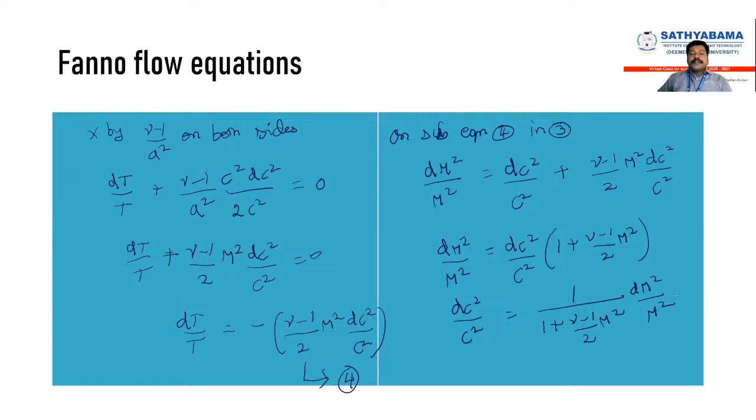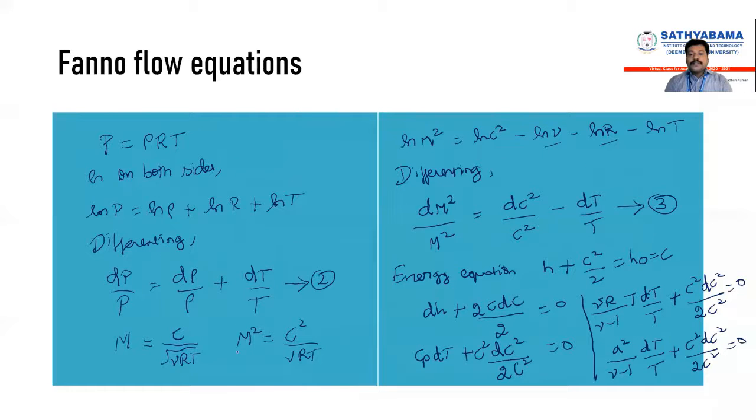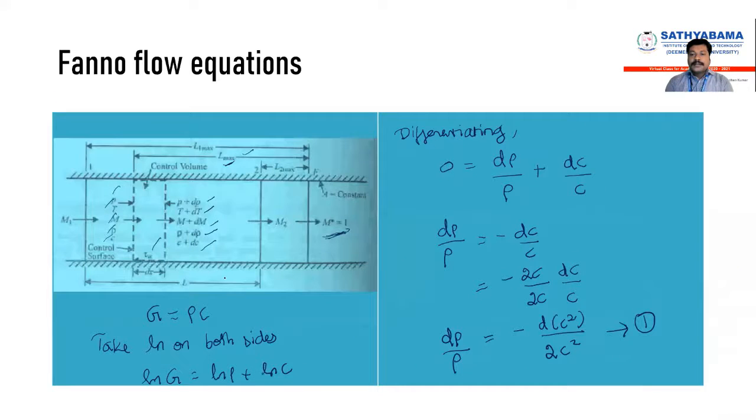So as a function of Mach number, we are constructing all the differential equations. You have found dC squared by C squared, that is equation number 5. Similarly, you have to construct all the remaining variables. You have equation number 4 here, which contains dC squared by C squared. Just substitute this value here and find the value of dT by T. If you know the value of dT by T, here you have d rho by rho, and initially we have d rho by rho equal to minus dC squared by C squared.